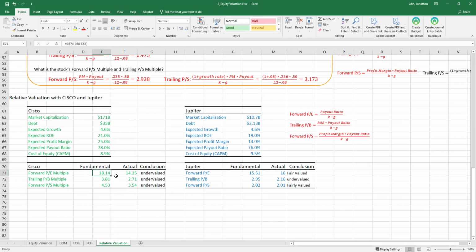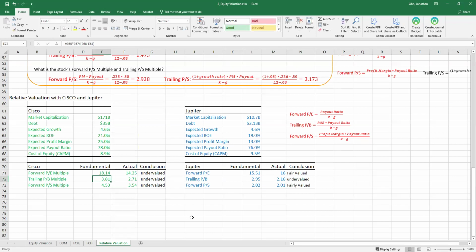How do you do that? Forward P/E ratio is payout ratio divided by K minus G. Payout ratio is 78% divided by K minus G, where K is the cost of equity, 8.9%, minus growth rate of 4.6%.